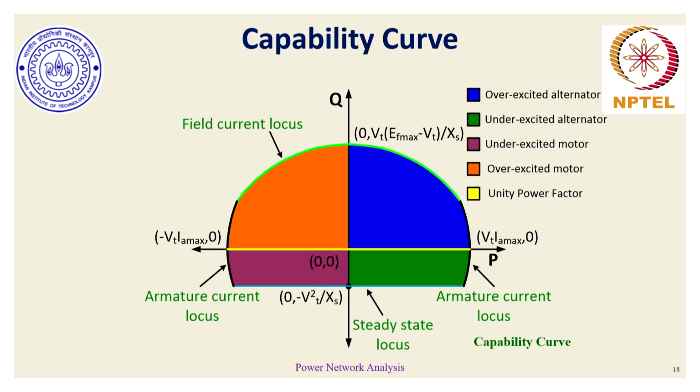And now if we mark our generating or motoring modes for underexcitation, overexcitation, those points look like this. So this in a way is the overall capability curve, the one which is shown over here for a cylindrical pole synchronous generator operating in synchronous mode with negligible armature winding resistance.